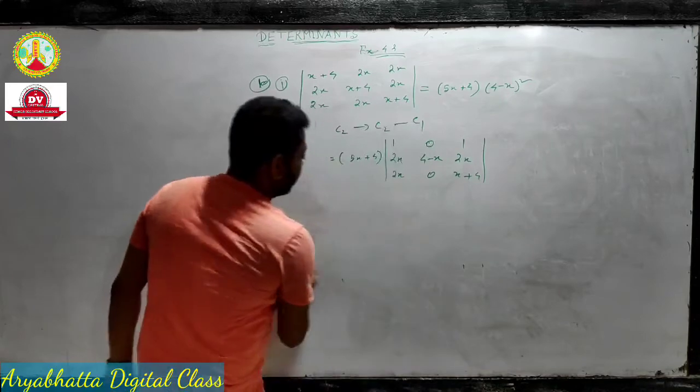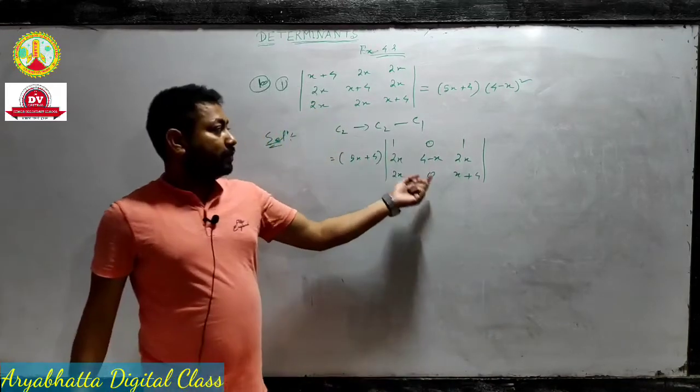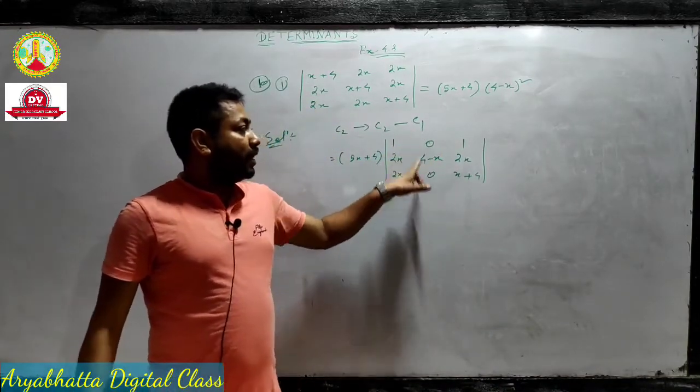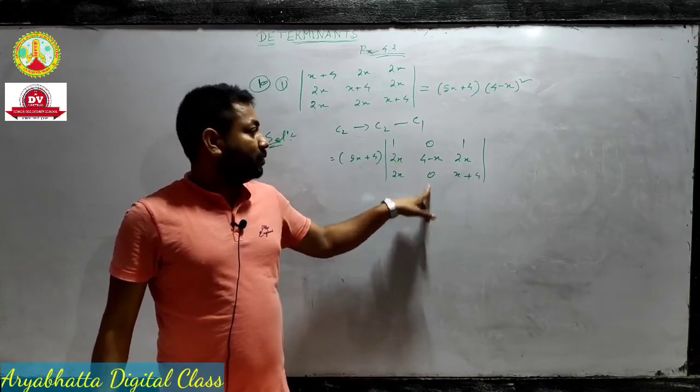Now, taking common in the second column, the elements are 0, 4 minus x, 0.